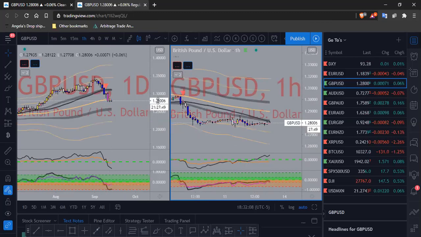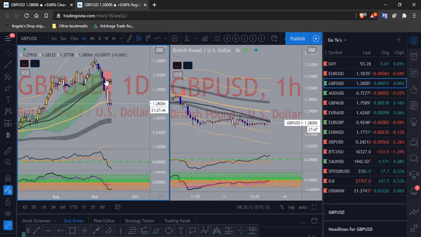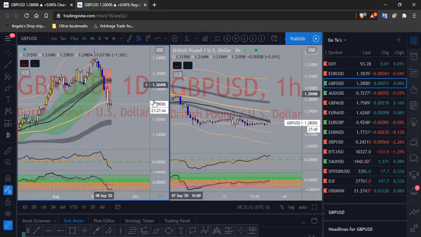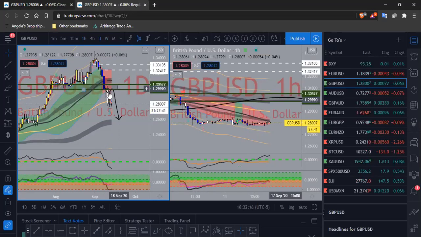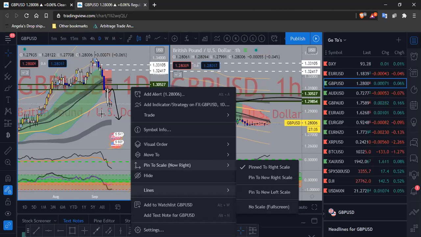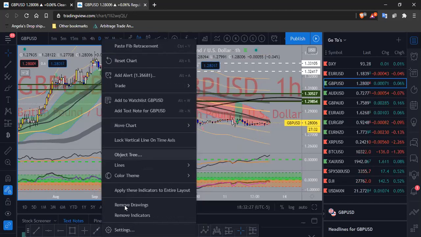So yeah, I definitely got that 100 and some pips last week from this sell. Remember I had mentioned that price is going to break through here, retest it, then drop. Got that. So let me go ahead and get rid of all of this.